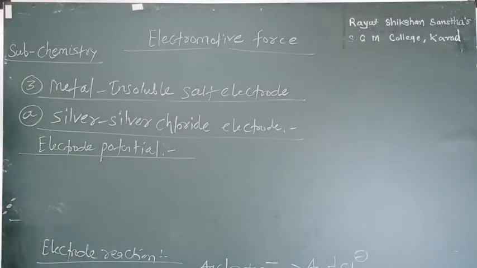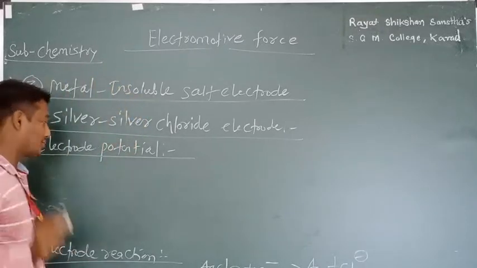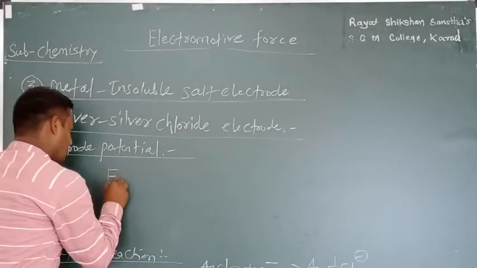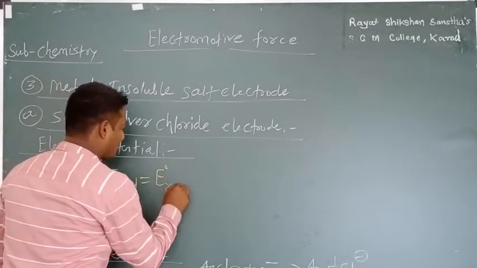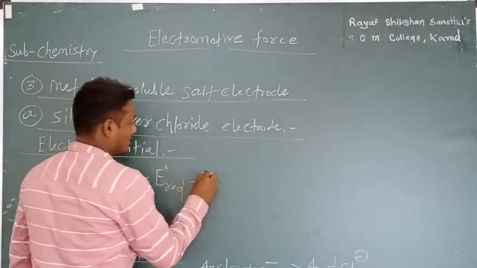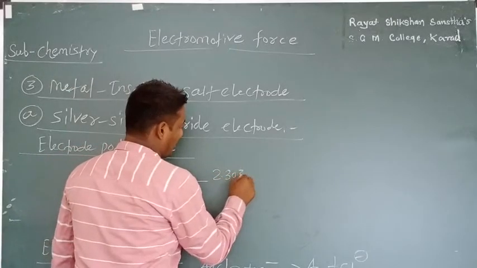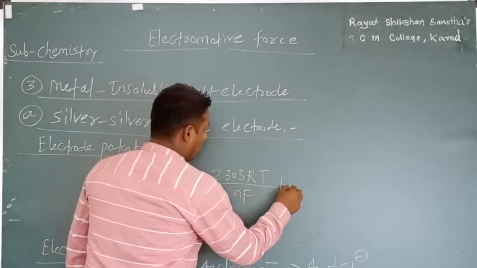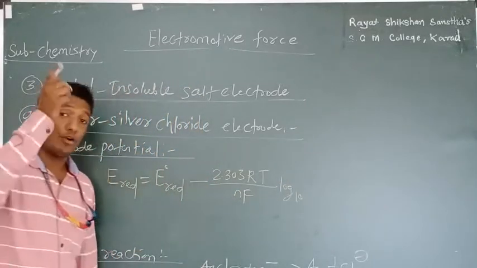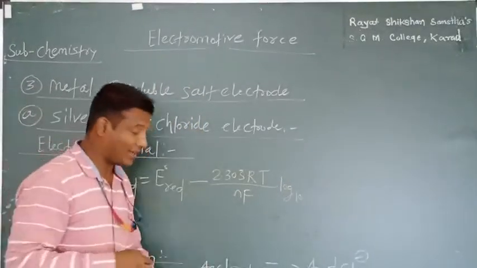So by using Nernst equation we can determine the electrode potential of silver chloride electrode. So E reduction equals E0 reduction minus 2.303 RT divided by nF, log to the base 10 of activity of product divided by activity of reactant.